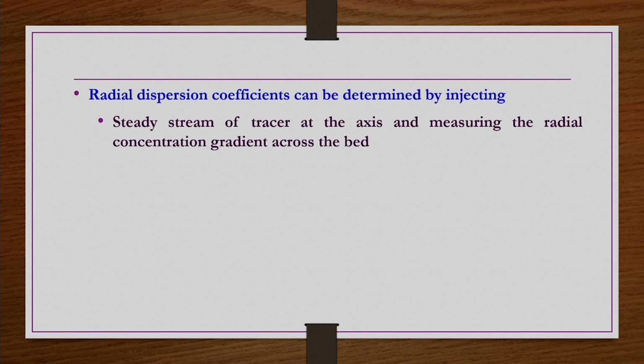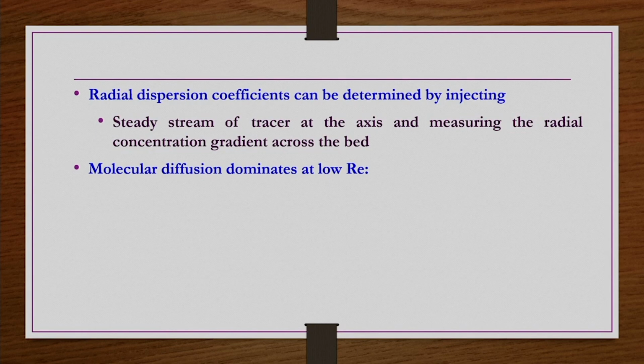At the central axis, you have to release the tracer in such a way that the change in shape should be there only in the radial direction, and not in the axial direction. So dou c by dou L can be taken as 0, and then you can find out dr from the dispersion coefficient equation that we have derived.